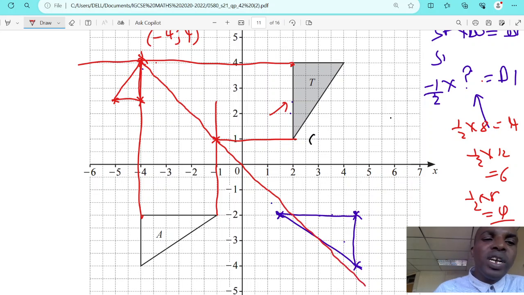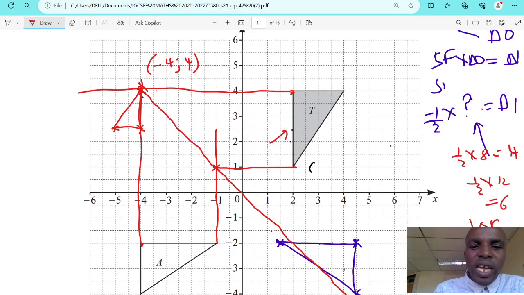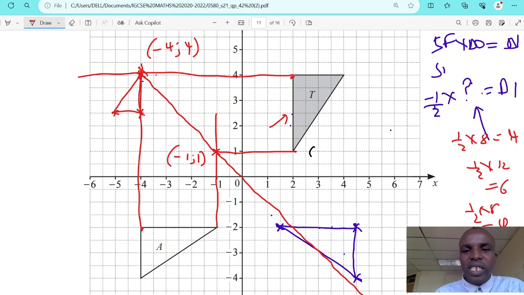If you check these 2 points, (-4, 4) and this point, which is actually (-1, 1), it looks like y equals -x. Because for y = 4, x is -4. For y = 1, x equals -1. So y equals -x. Just like that. That's the line.